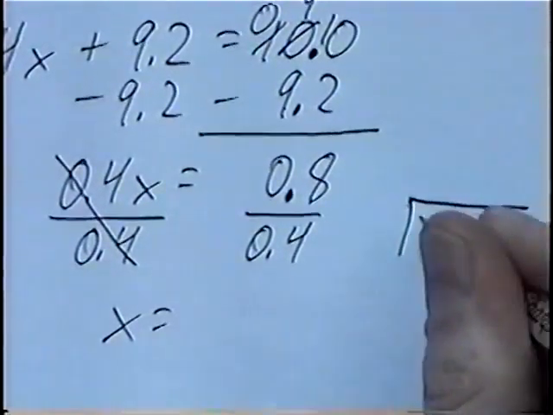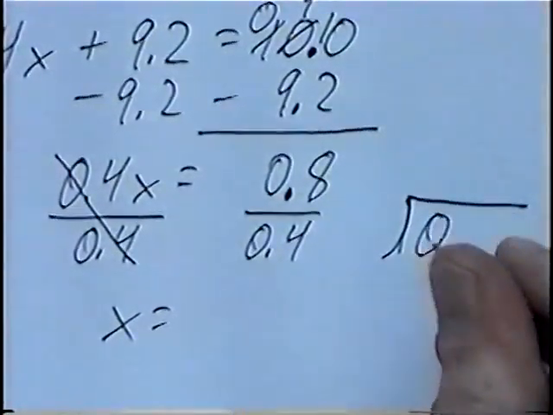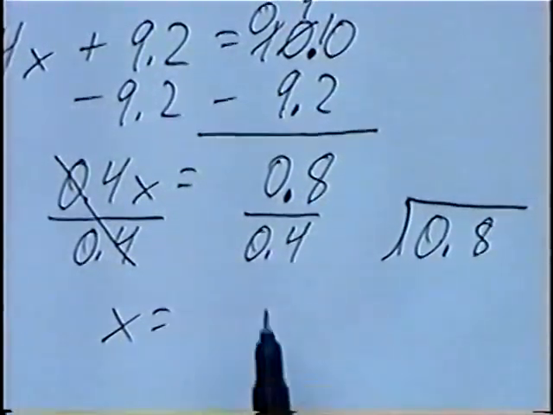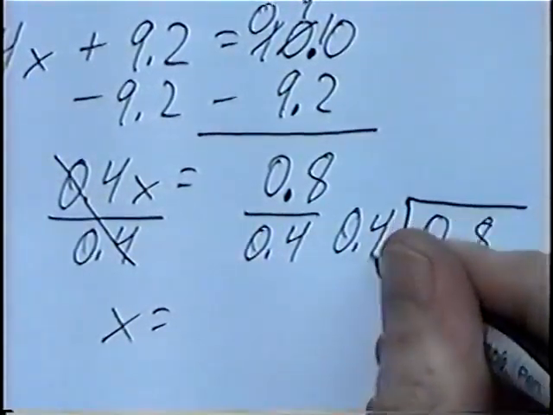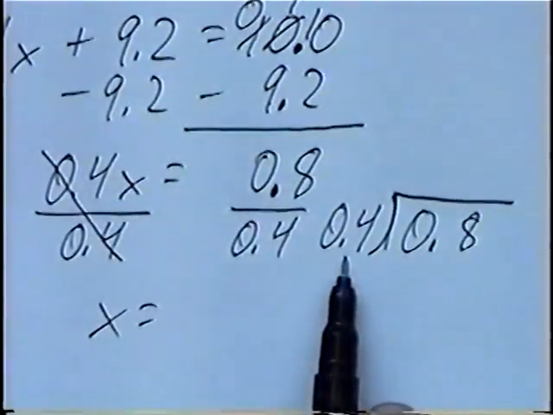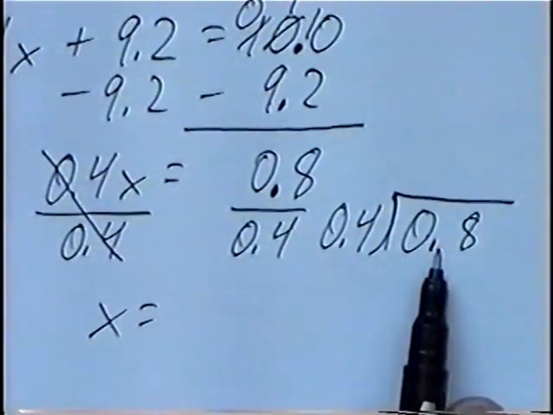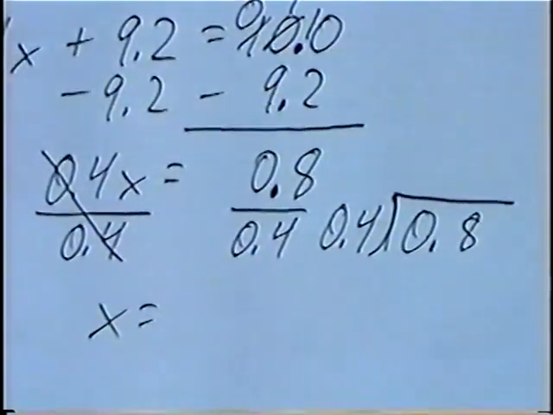If you set up a long division question, the numerator or top number goes inside, 0.8, and the denominator or bottom number goes outside, 0.4. If you remember, when you divide decimals, you can have decimals inside the division symbol, but you're not allowed to have decimals outside before you start the question.